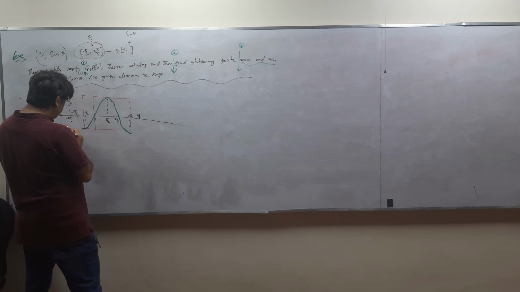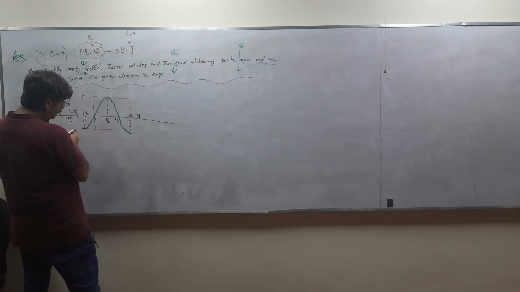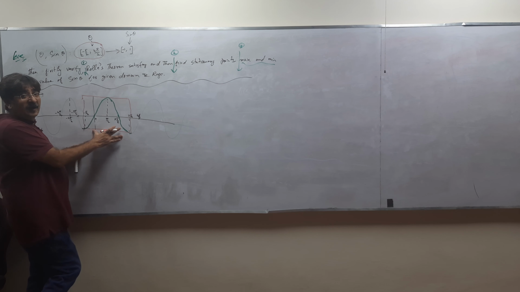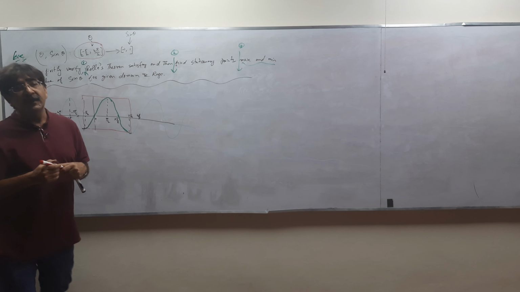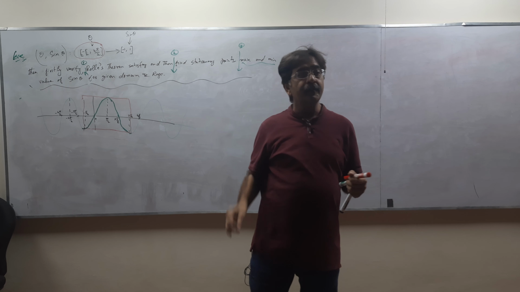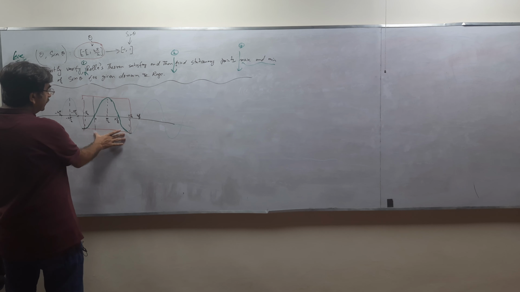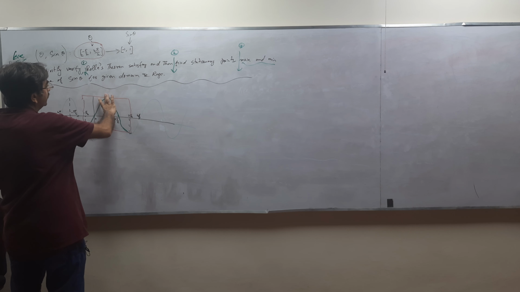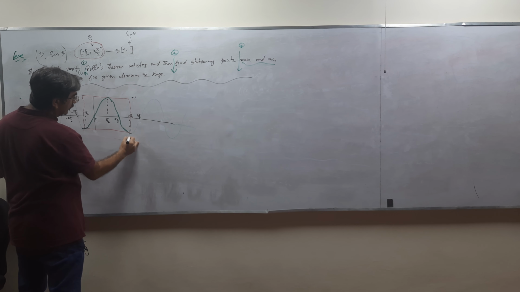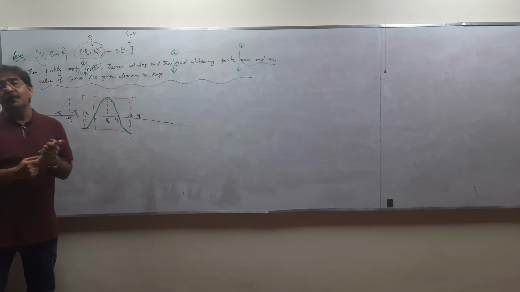This is the part of the graph which is related to our problem, because this is the domain, the value of theta, and this is the value of sine theta, between 1 and minus 1. This is plus 1 and that is minus 1. So the maximum value is plus 1 and the minimum value is minus 1.